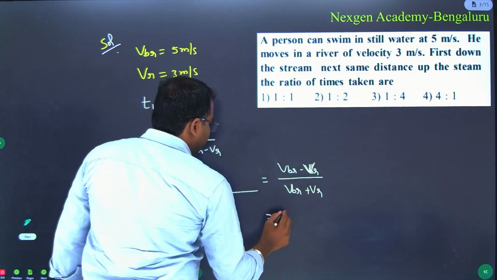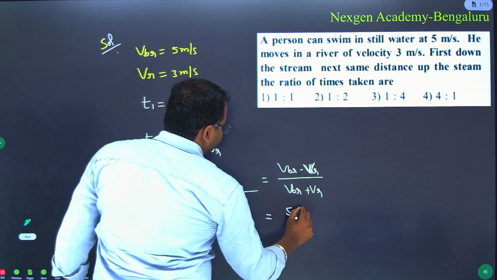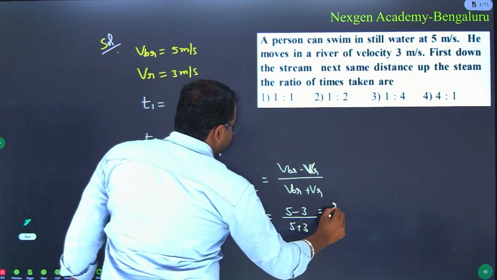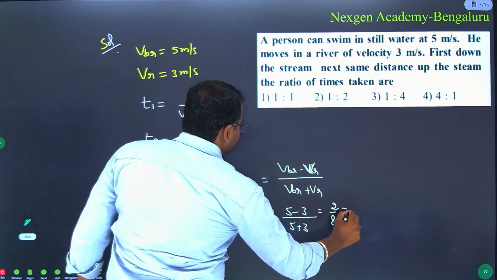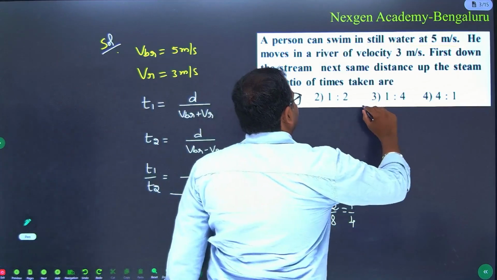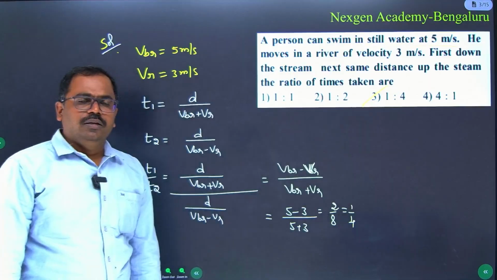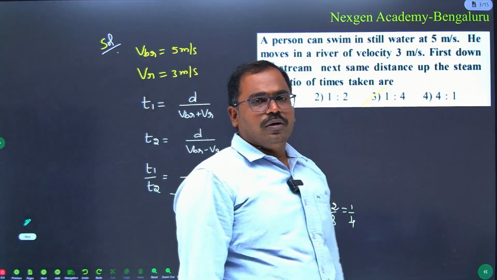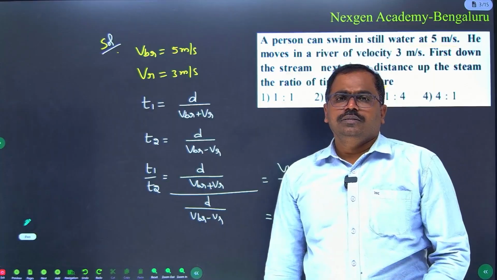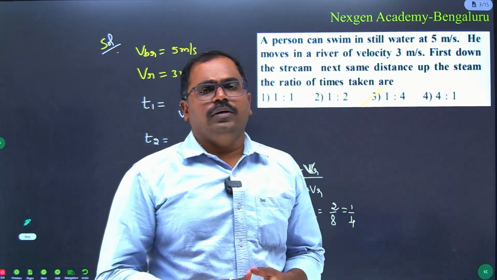That is equal to 5 minus 3 by 5 plus 3, which is equal to 2 by 8, that is 1 by 4. Here is the option. The third option is correct. In this way, we can solve questions based on downstream and upstream. And the next concept related to boat and river is crossing the river.